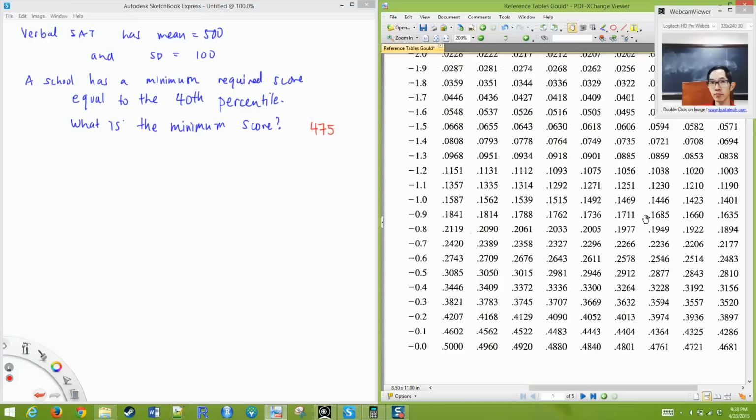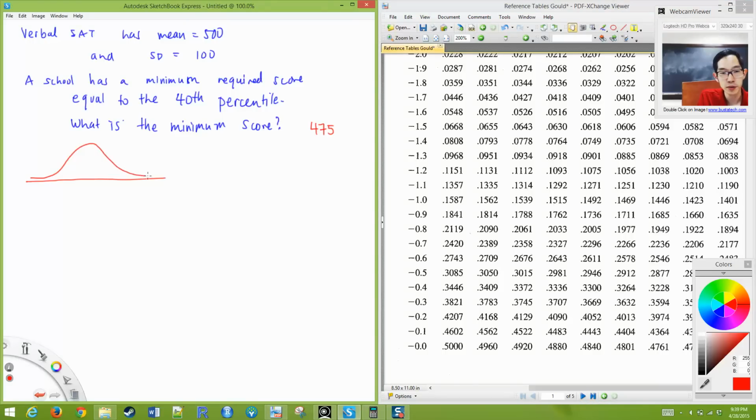Negative 0.25, right? It's not 0.3446, or it's not 0.6554. Okay? We are looking up the number that gives us the answer closest to 0.40. And so the answer there is 0.4013, right?